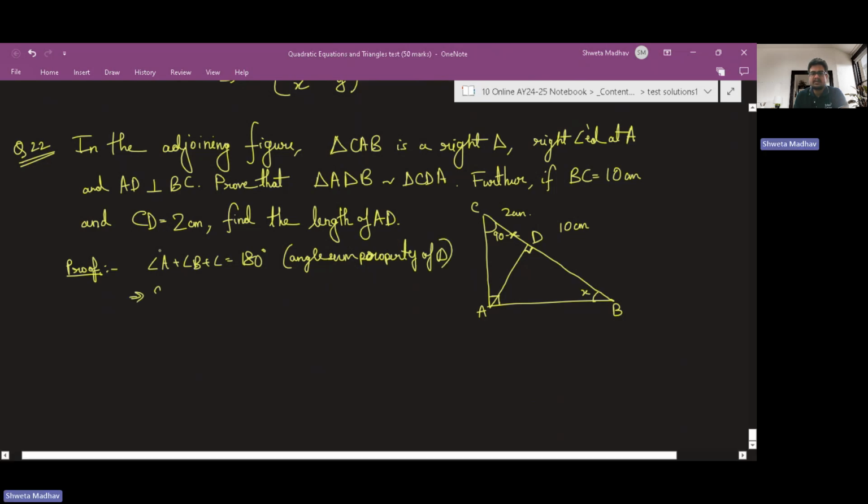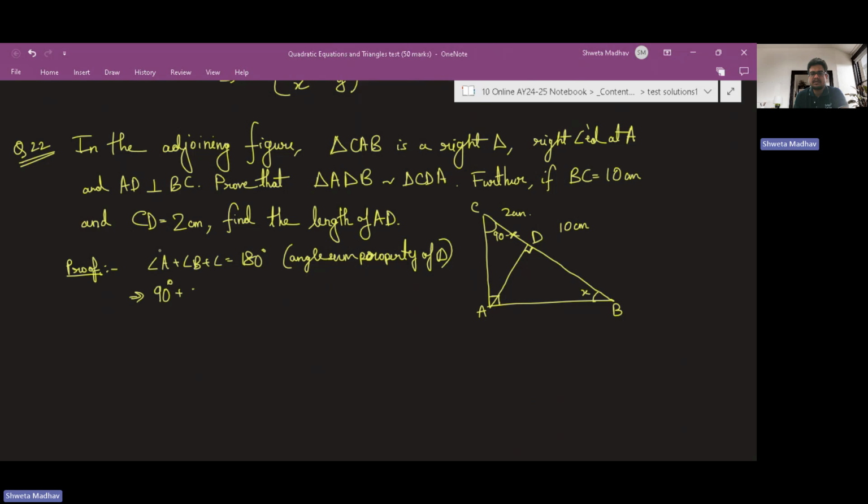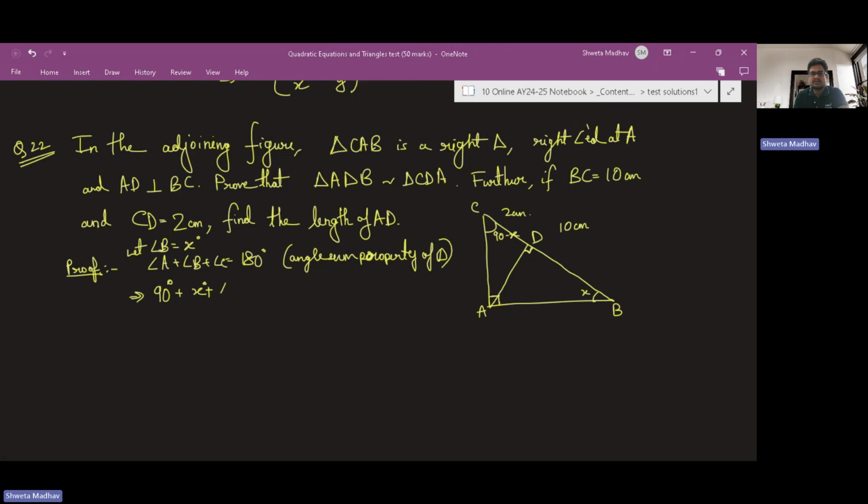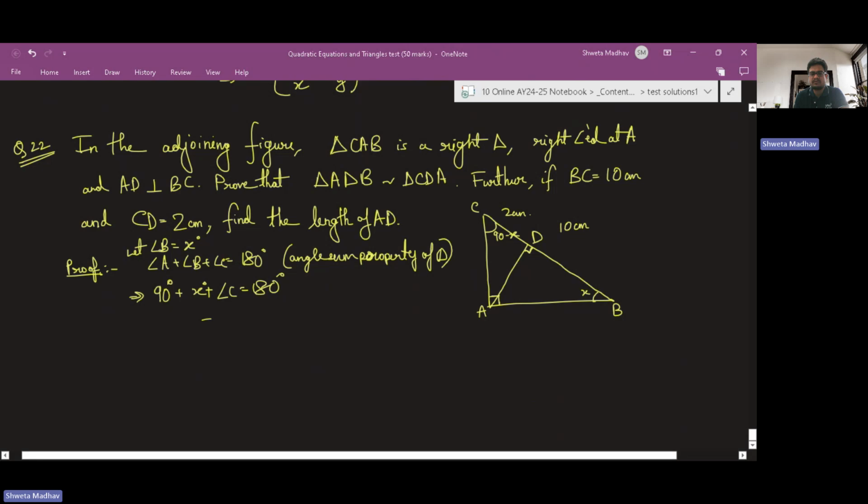So angle A is 90 degrees, and let's suppose angle B is x degrees. So x plus angle C equals 90 degrees plus... solving it, we get angle C is 90 degrees minus x.